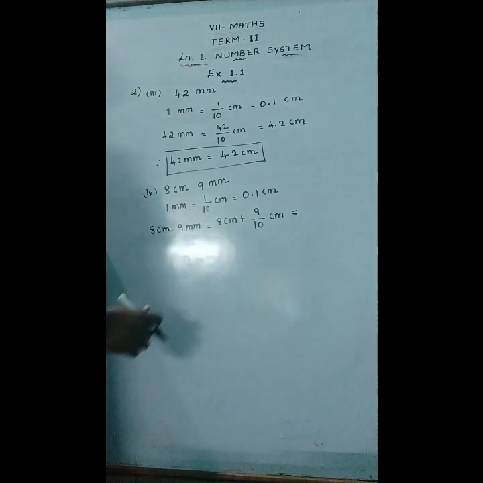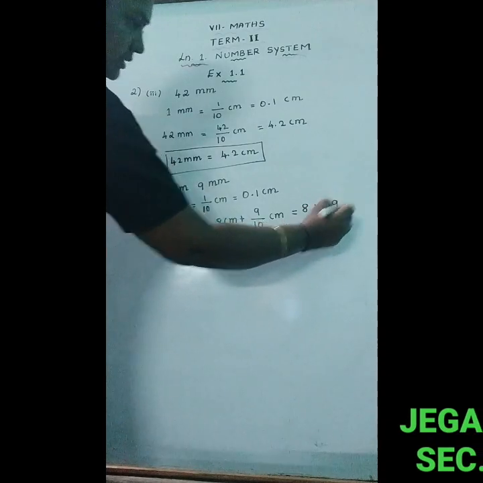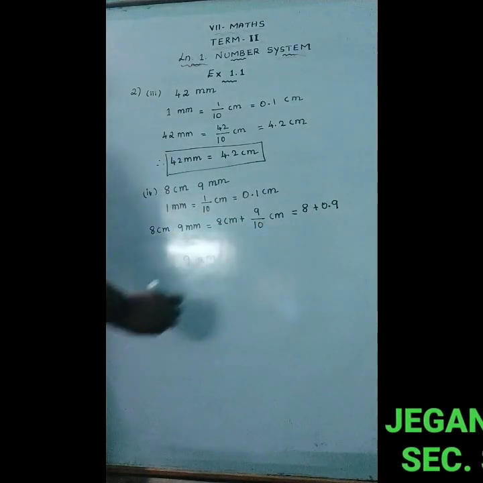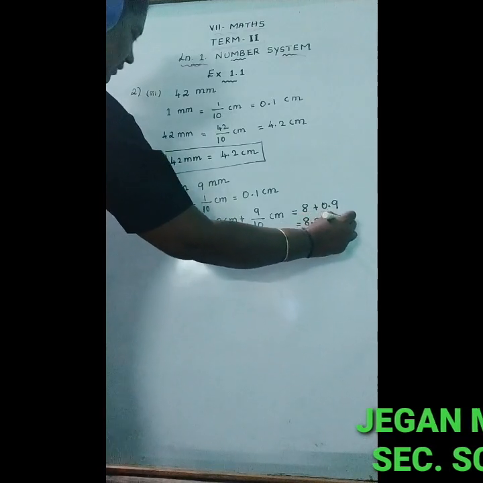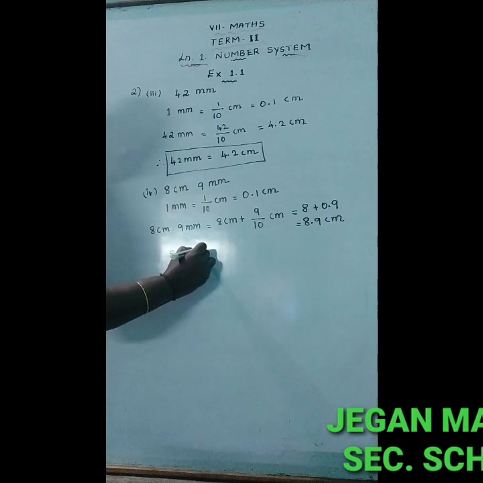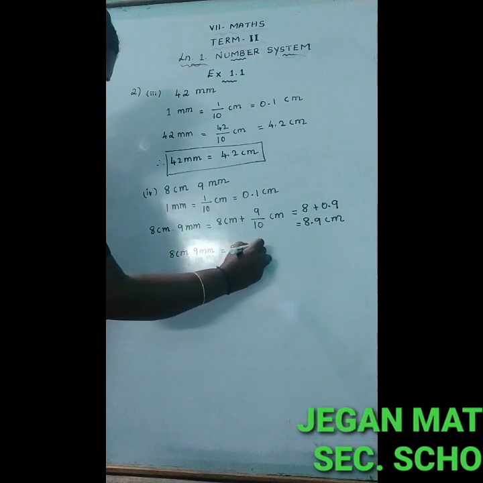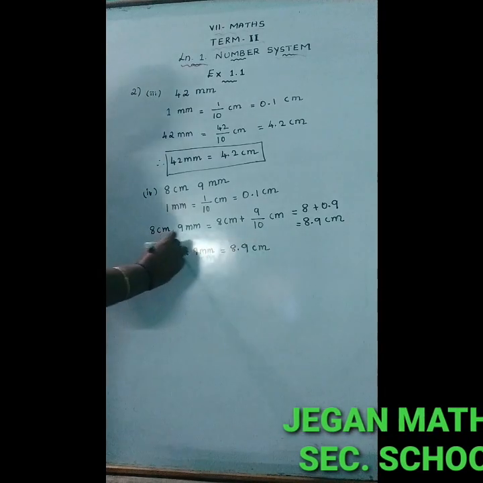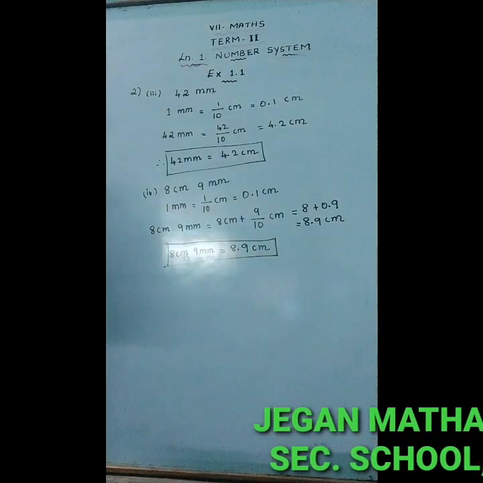So 8 plus 0.9 is equal to 8.9 centimeter. This is the solution for the fourth one.